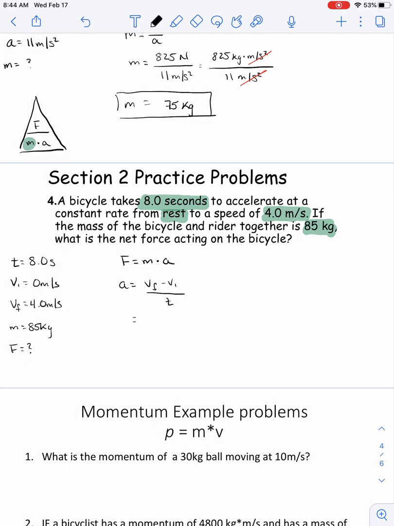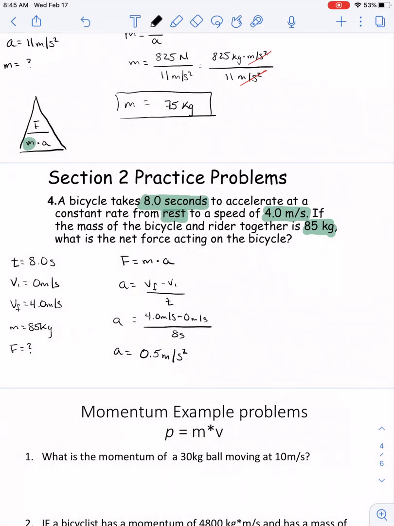So here we're going to take 4.0 meters per second, subtract 0 meters per second, and divide by the 8 seconds, which gives us an acceleration of 0.5 meters per second squared.